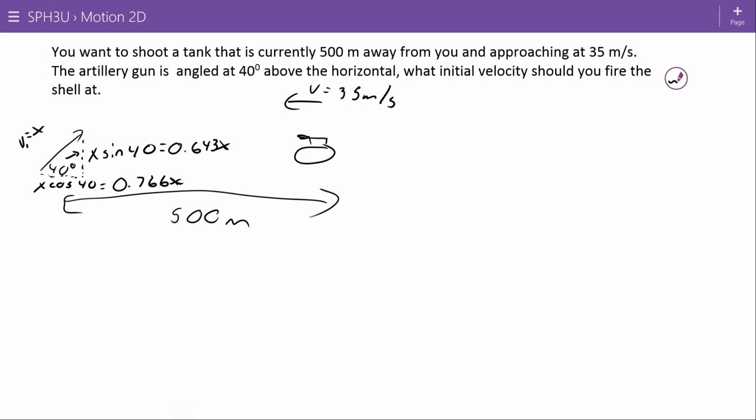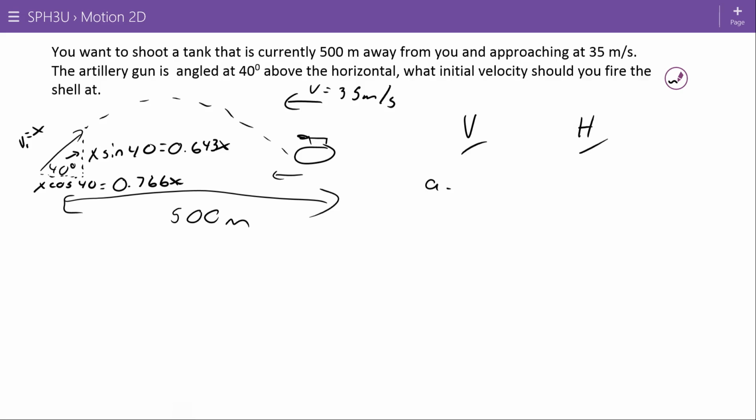So there it is. The projectile hopefully is going to go up and come back down somewhere here, and in that same time frame the tank will have moved a little bit forward, and as a result the projectile will hit the tank.